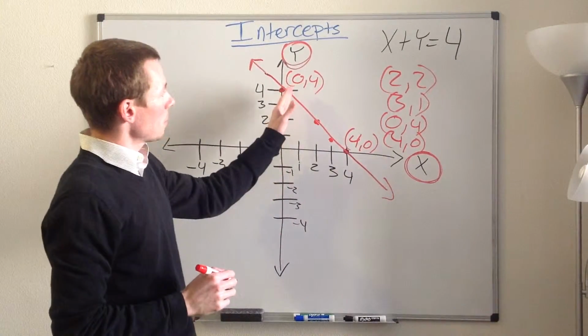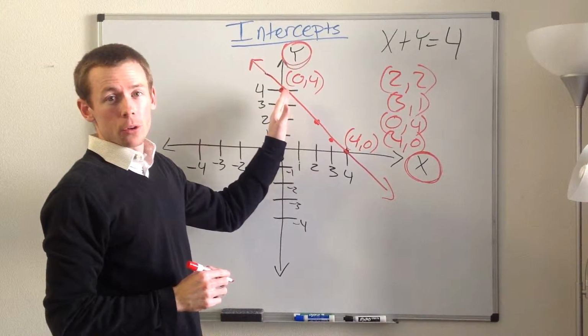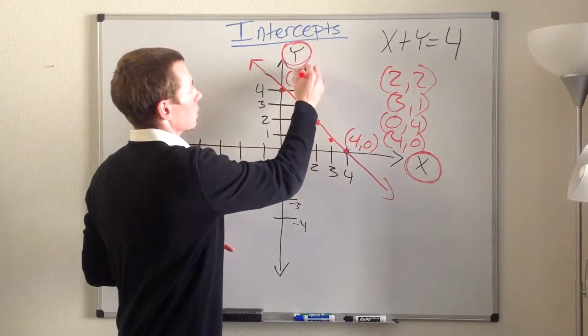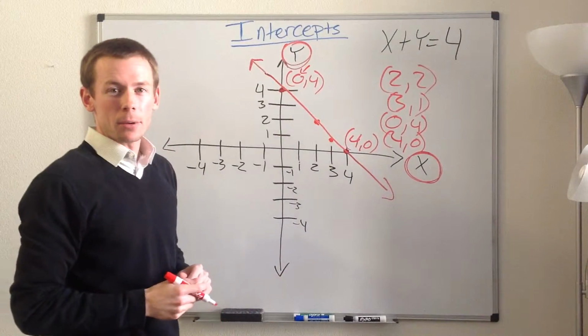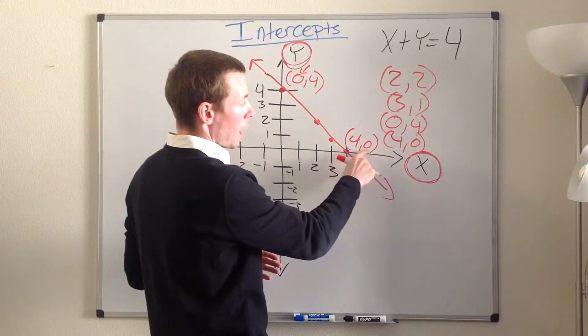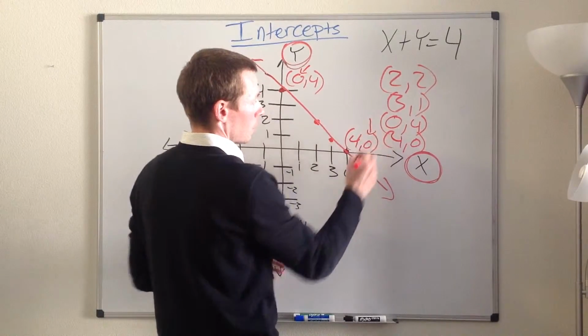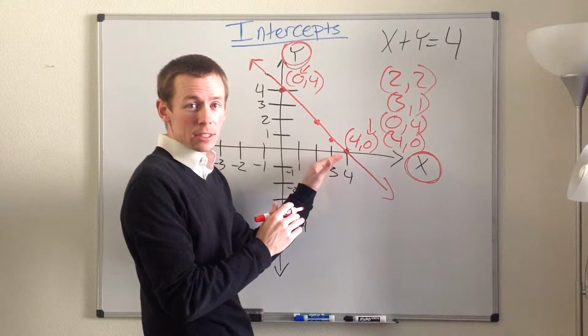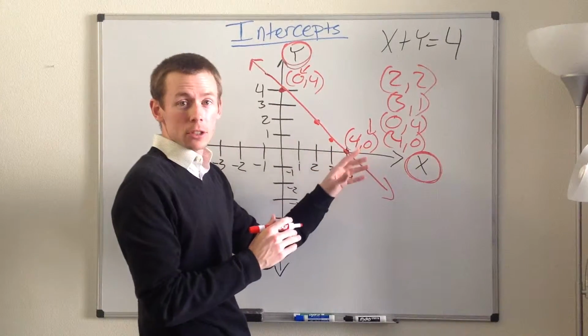So what do you notice about the x value when the line hits the y-axis? What is that value right there? It's 0. And what do you notice about the y value when the graph hits the x-axis? The y value is 0.